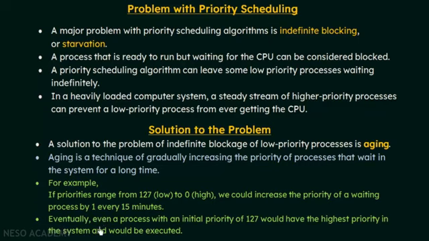Eventually, even a process with an initial priority of 127 would have the highest priority in the system and would be executed. Even if all the processes arriving after that particular process are always of higher priority, after a particular amount of time, this low priority process's priority gets increased and increased, and a time will come when it will also be of the highest priority, and hence it gets the CPU for its execution.